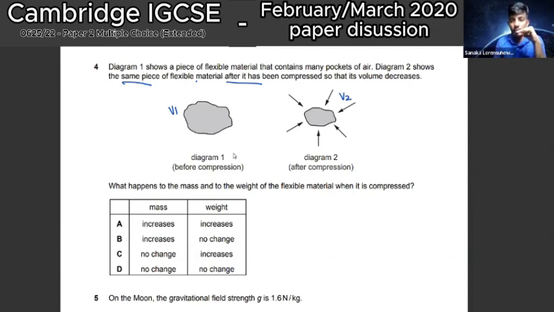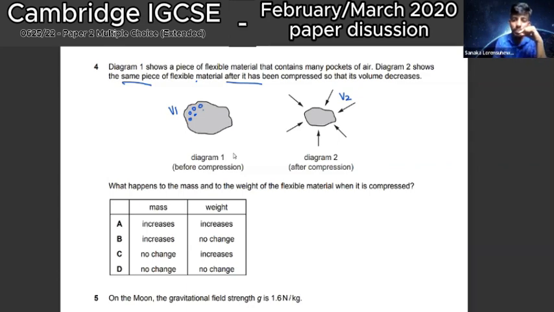It is smaller, but it is the same piece, and the important thing is the particles inside this material. If you think about 100 particles, then after the compression there are still 100 particles, not decreasing, not increasing.